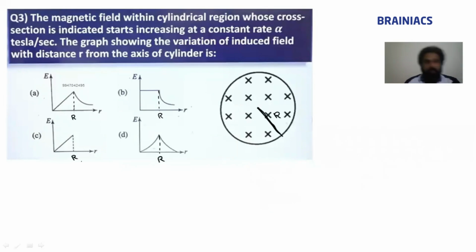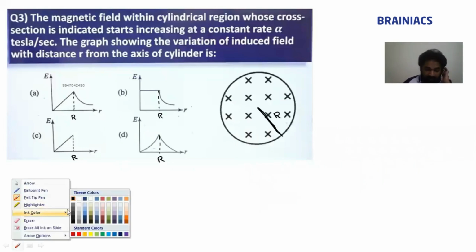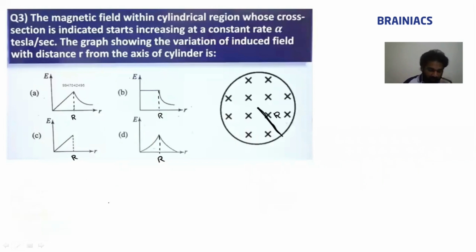Okay, now let us verify the behavior of induced electric field for various situations. In the first case, this r, the distance from the center, is inside the cylindrical region.